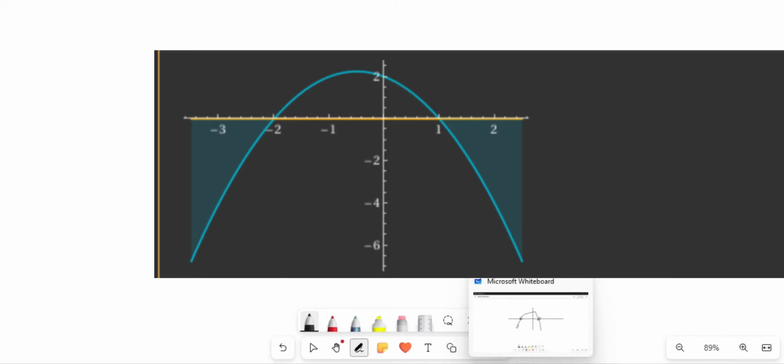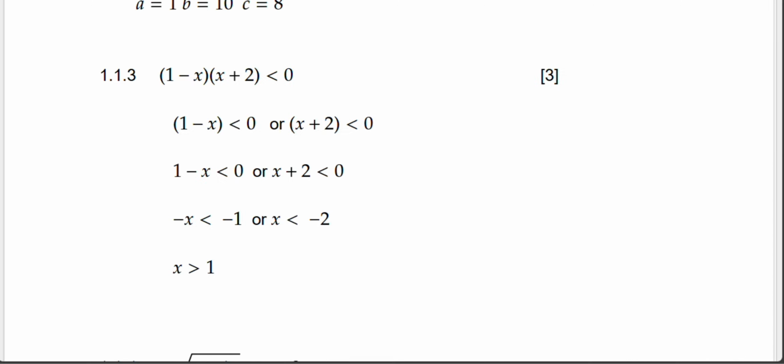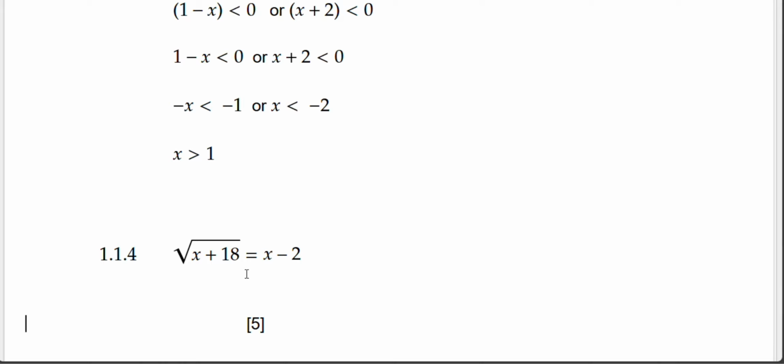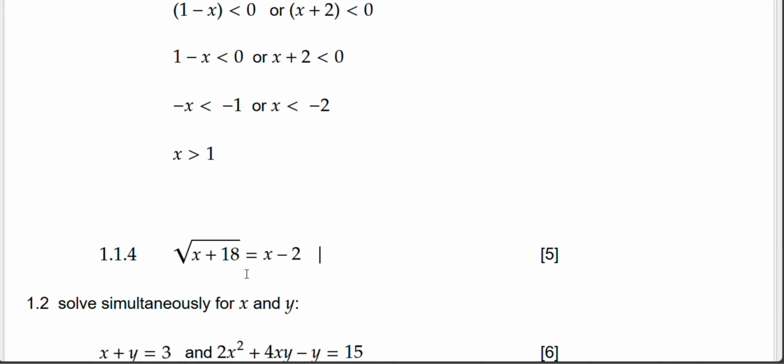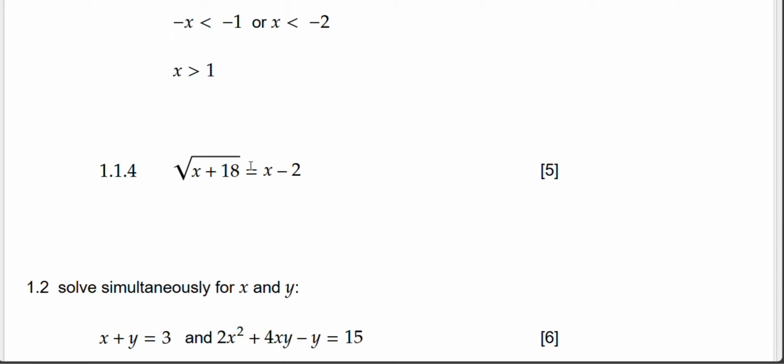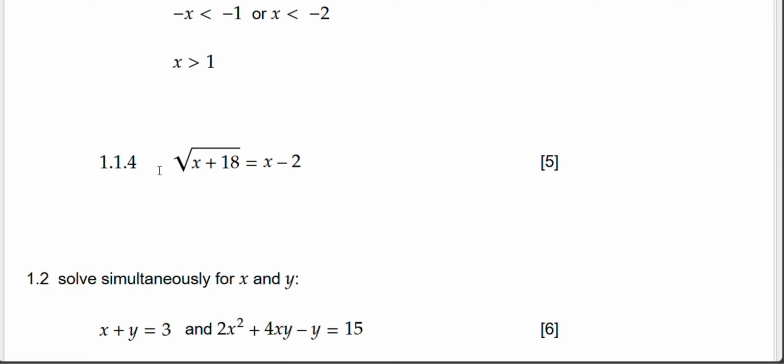So okay, let's go to the next question. Okay, we're going to solve for x here. So for this one, you need to take out the square root, and in order to take out the square root, you need to square it.